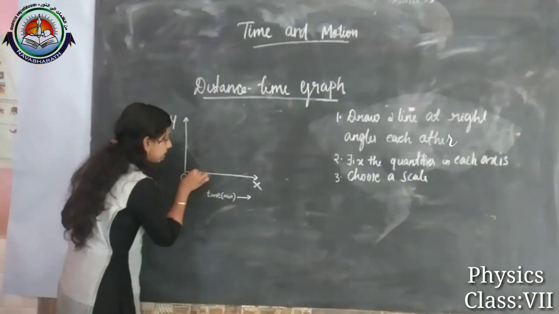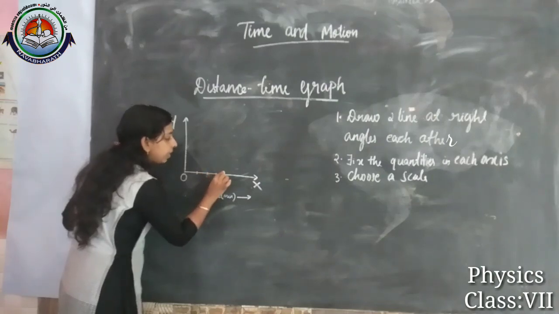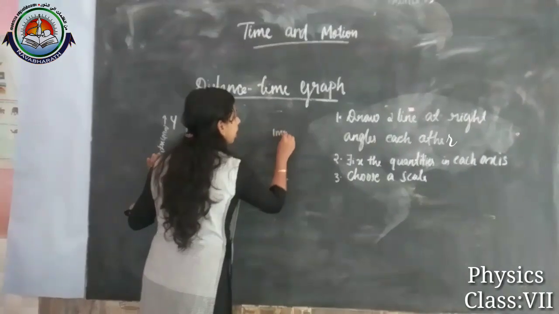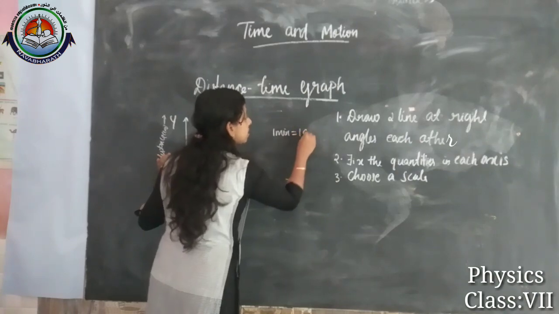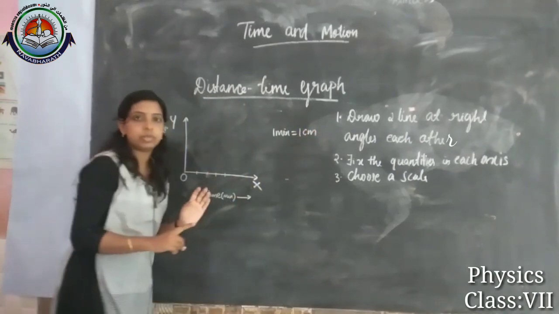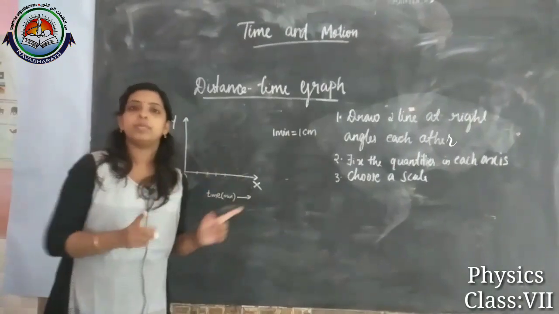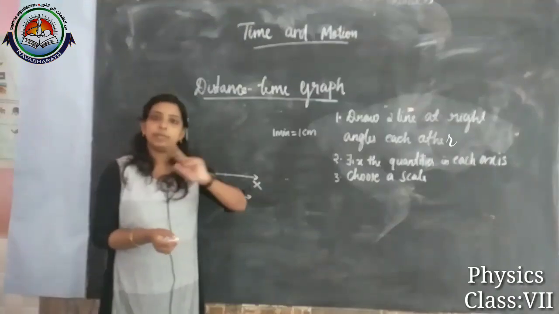We consider that the distance we have to measure in minutes, each and every minute. Normally in this case we can take 1 minute by using the scale. 1 minute we can consider as equal to 1 centimeter. In the beginning I told you that in graph papers, in each and every square there will be 10 divisions.